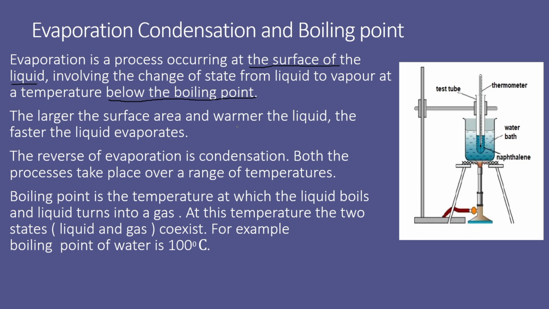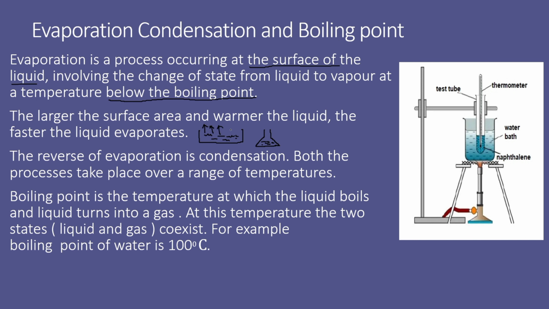So for example, if you take a dish like this and you fill it with water, and you take a flask and fill it with water, which one has more surface area? Yes, the first one. So the surface area is more, so there are more chances of evaporation.